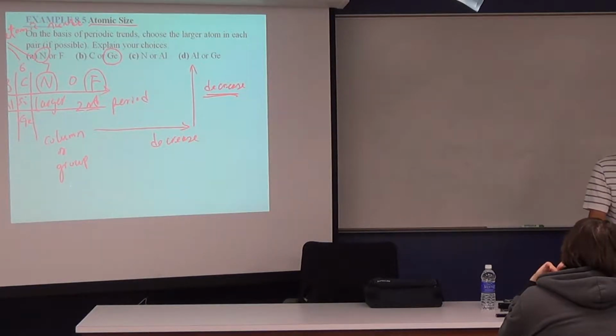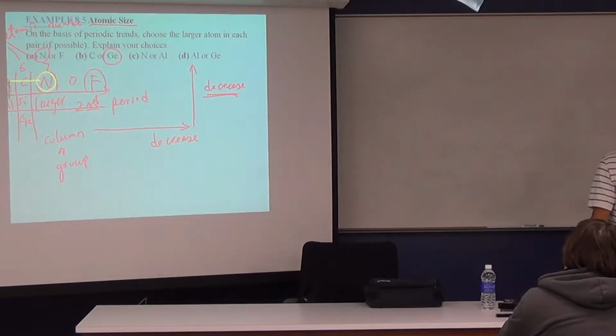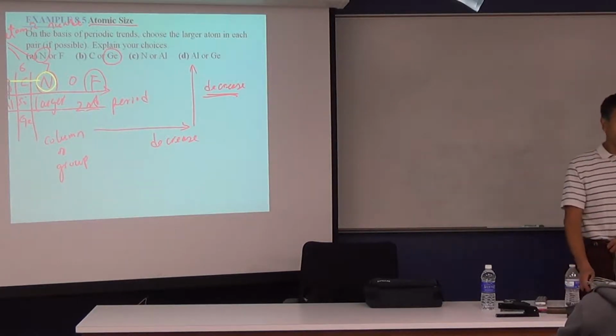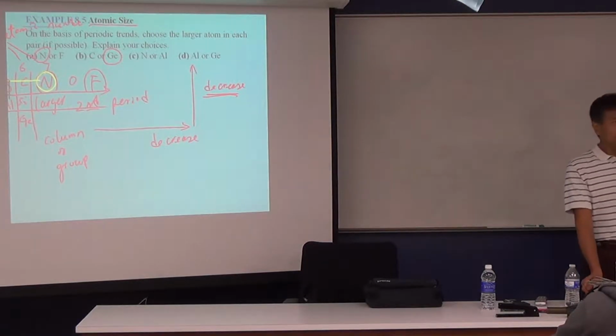From N, I go one step like this, left and right, then another step, like this. These two arrows, if their directions point to the same pattern, either increasing or decreasing, then you can reach a conclusion.